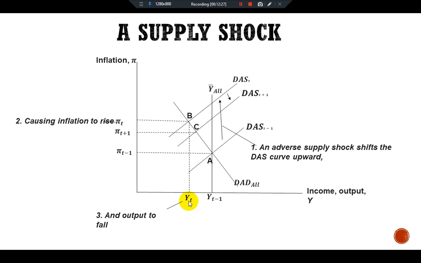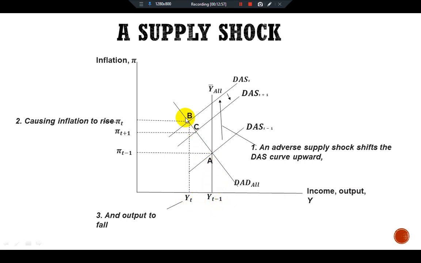When the supply shock causes inflation to rise, the central bank responds by following its policy rule and raising the nominal and real interest rate. The higher real interest rate reduces the quantity of goods and services demanded, which depresses output below its natural level, from this point to this point, which we have mentioned as point A to point B.